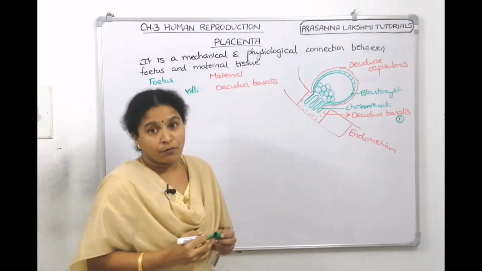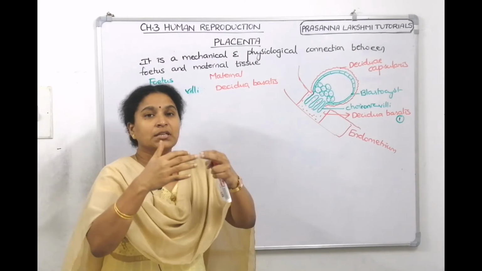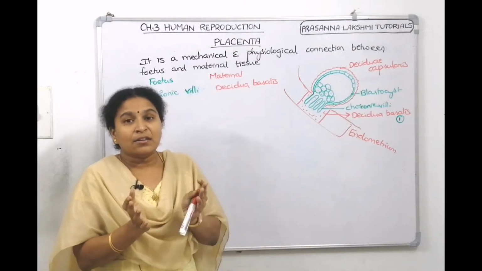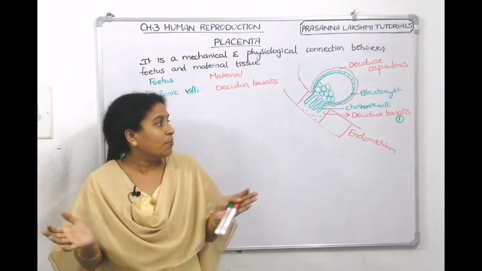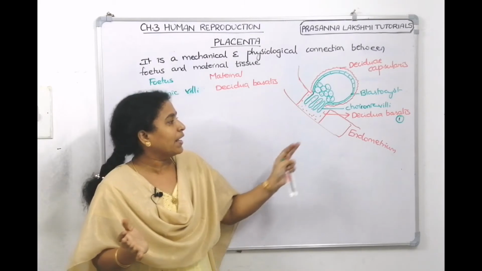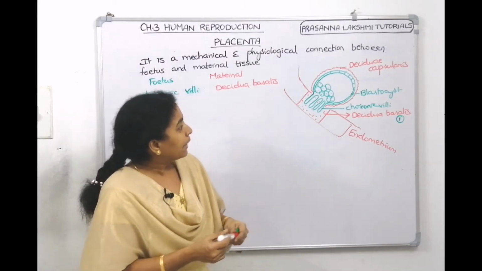That portion of the endometrium which encloses the blastocyst is called Decidua capsularis, and the remaining portion of the endometrium which is not in contact with the chorionic villi is called Decidua parietalis.